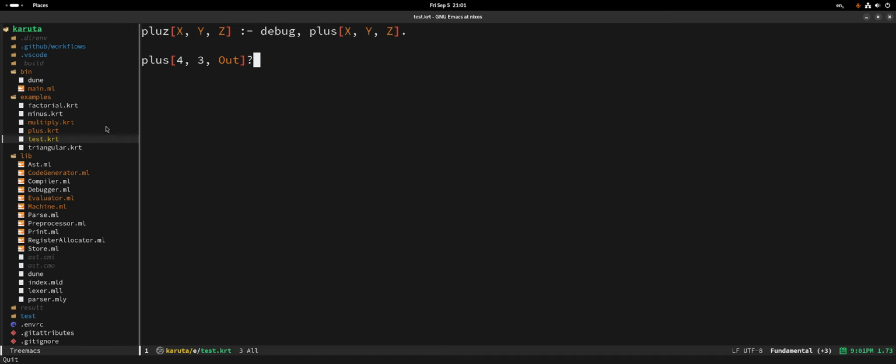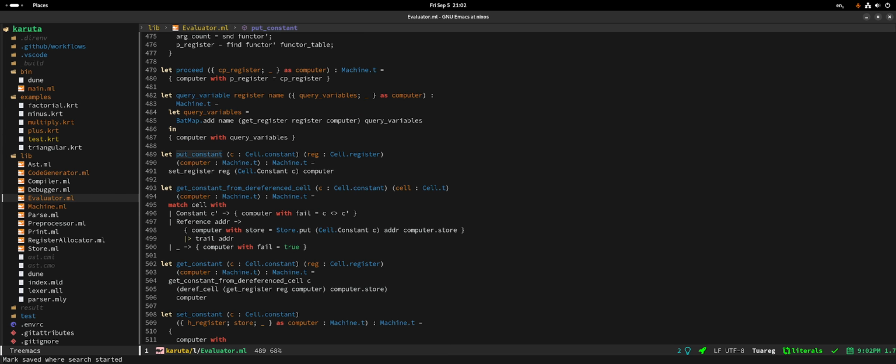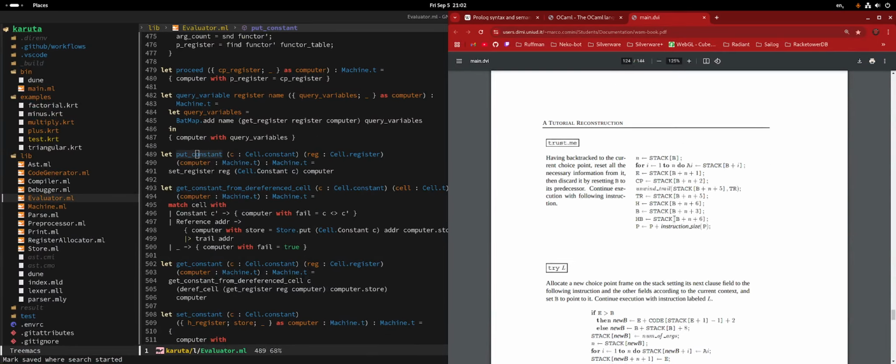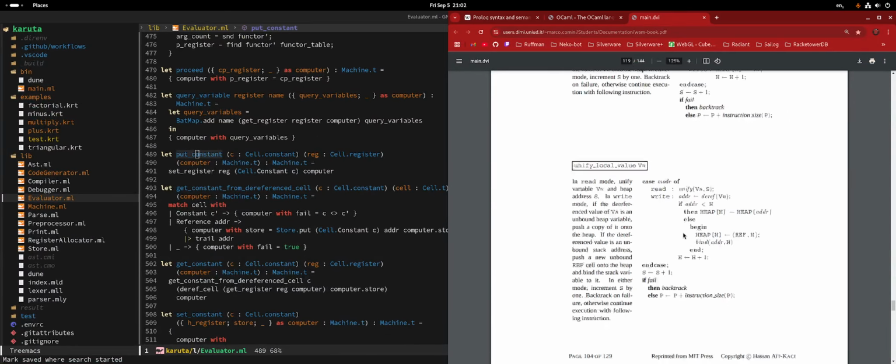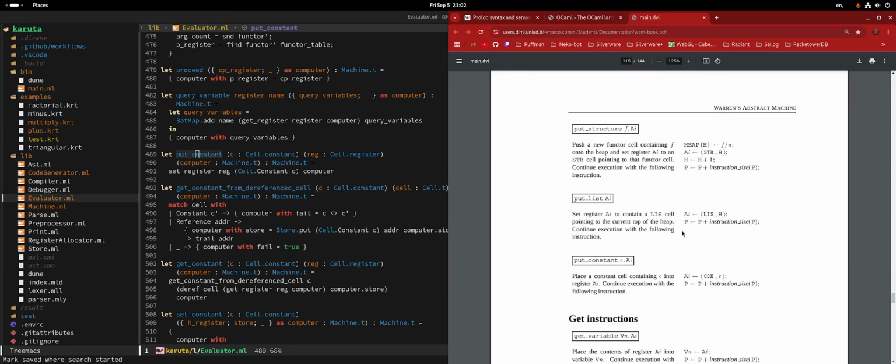This should definitely work. Can we check the implementation of put constant for a second? Put constant is just a set register. Takes a constant, takes a register, sets the register reg with the constant c. And that's definitely okay.